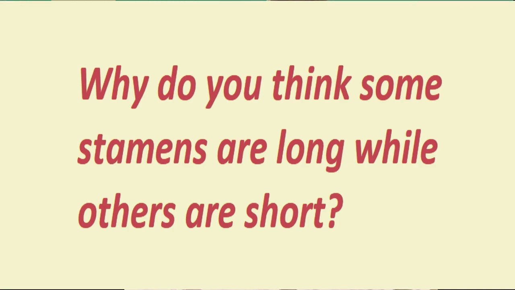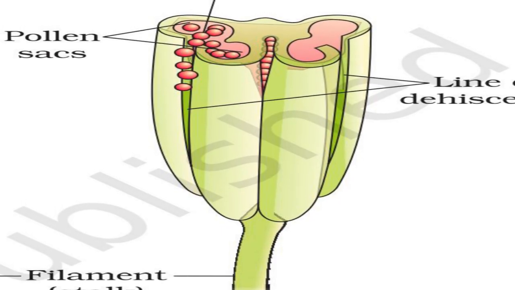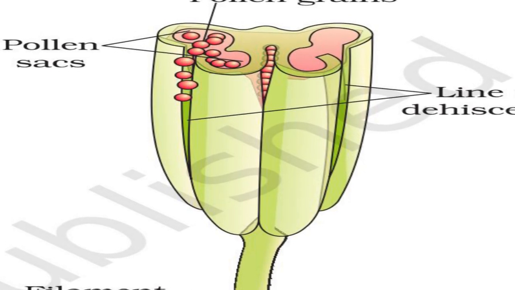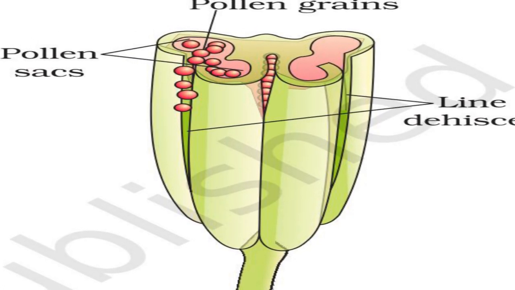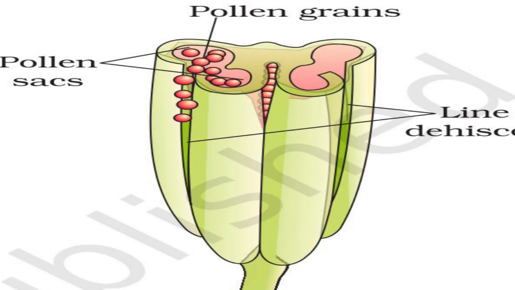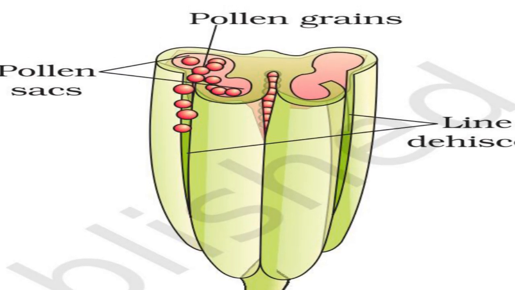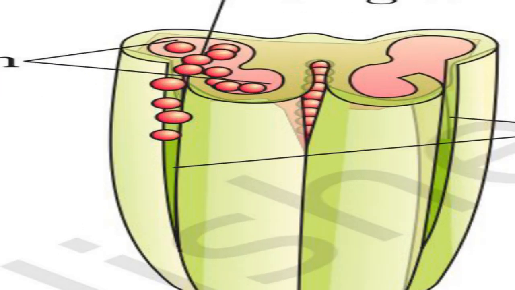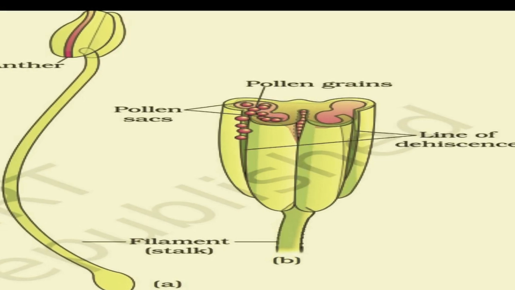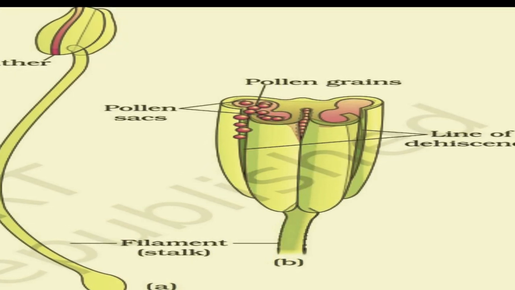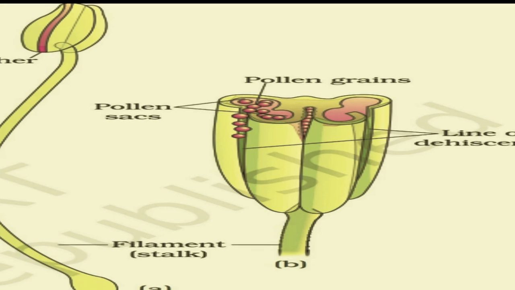The anther is typically bilobed in angiosperms. It means it has two lobes. Each lobe contains two theca, making it dithecous. A longitudinal groove usually appears between the two theca of each lobe.